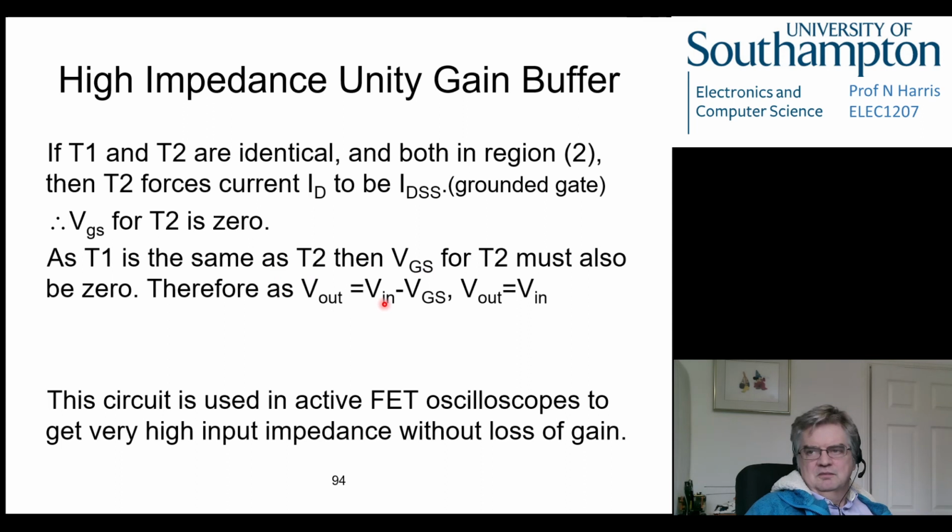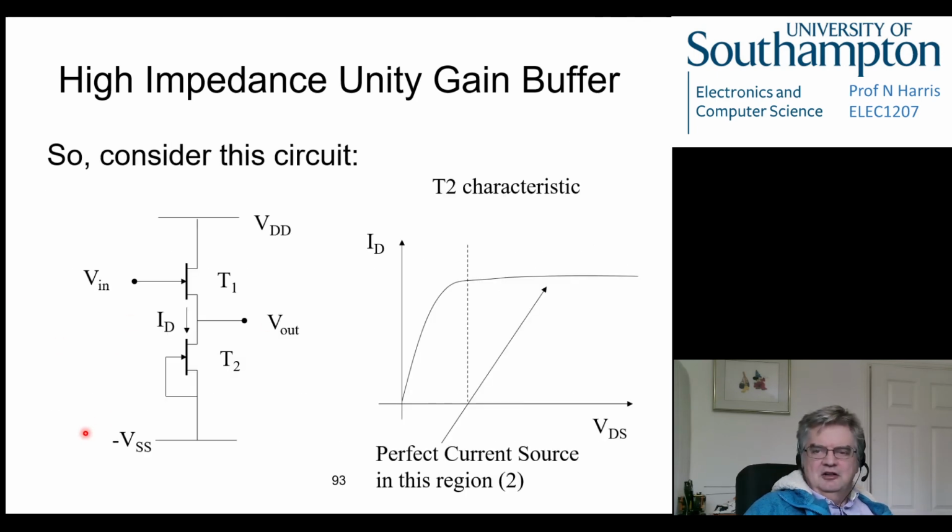Therefore Vout equals Vin minus VGS, so Vout equals Vin. So that is an incredibly useful circuit. Two identical transistors. There's no resistances in this. This is the beauty of transistors. They can do all kinds of clever things. So this makes the perfect buffer with a couple of transistors.